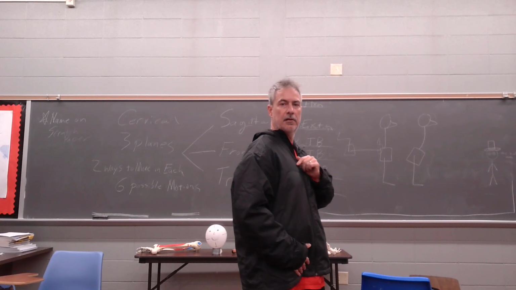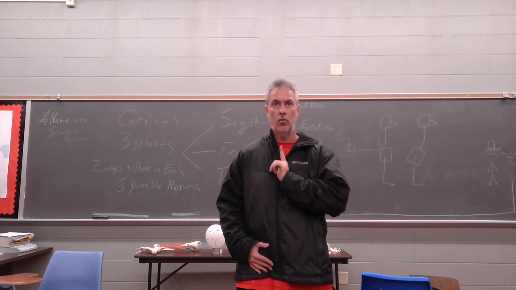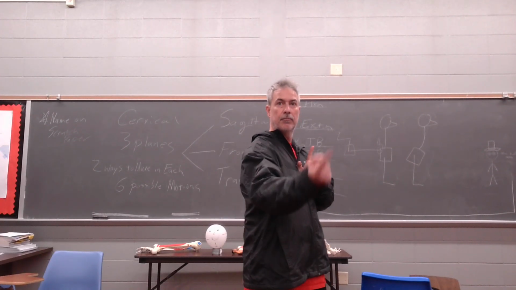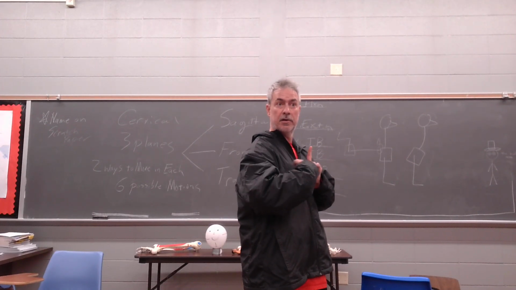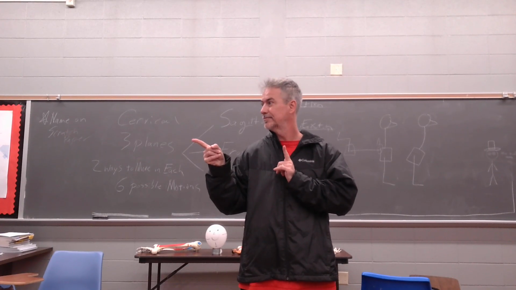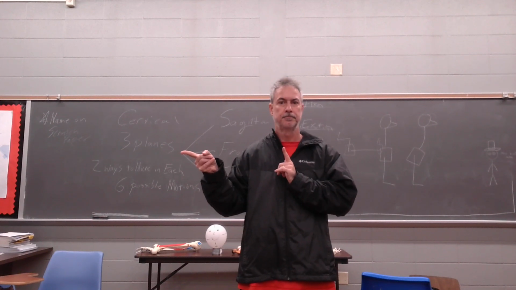If I do something like this, globally, you say, whoa, chest spun to the left. Absolutely. But isn't my chin now to the right of my sternum? Right transverse rotate. To the right.